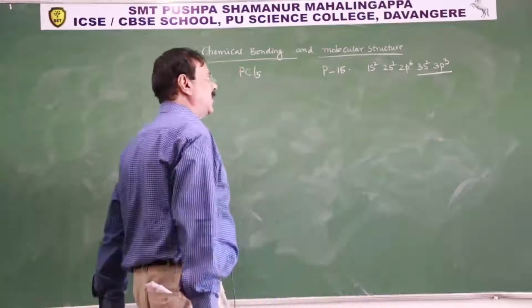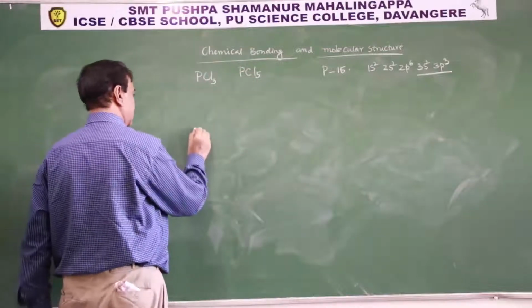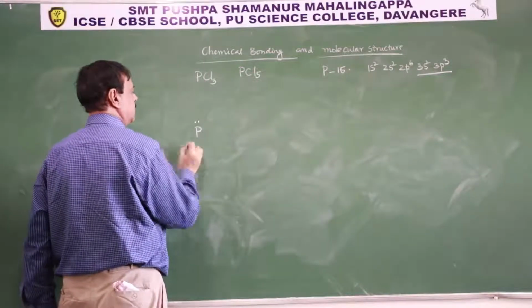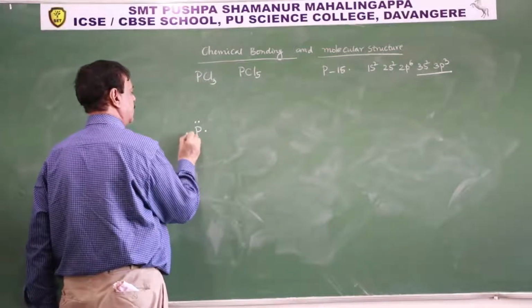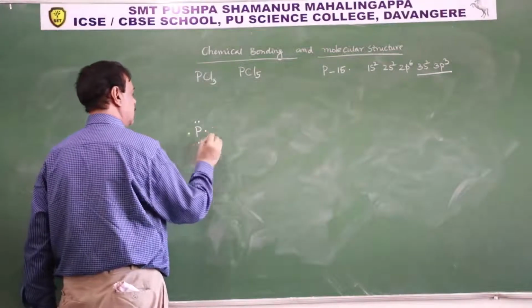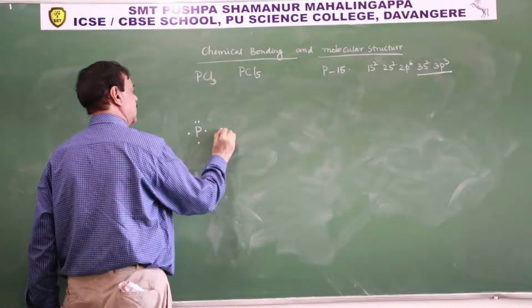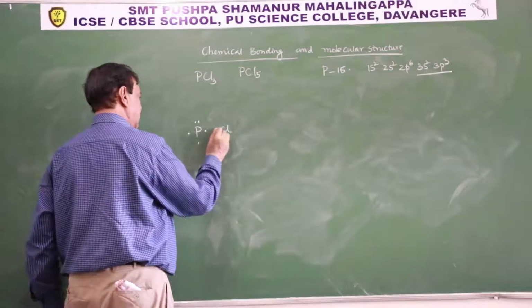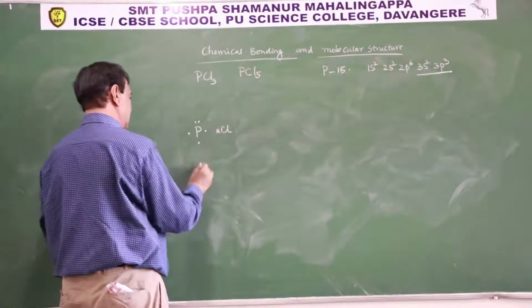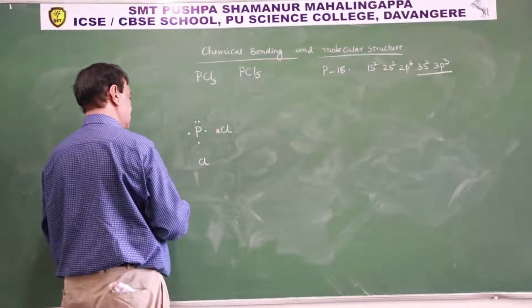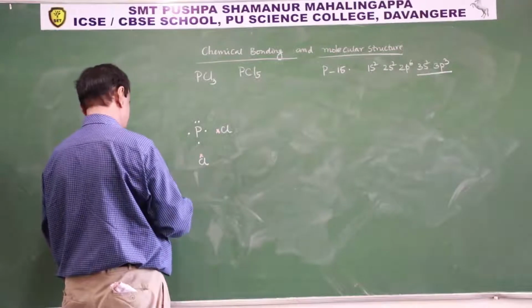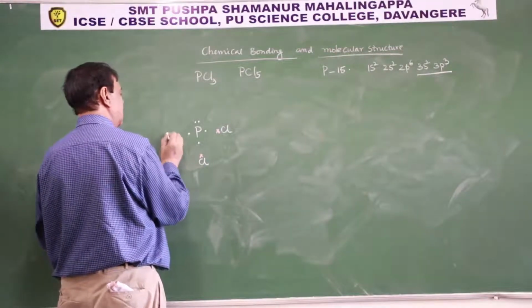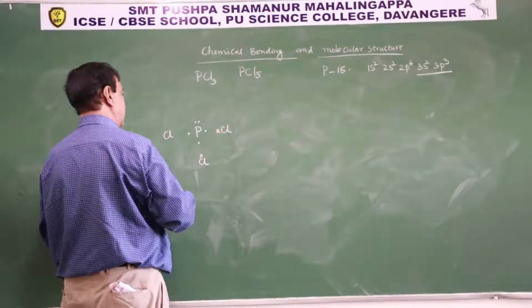The outer shell has 5 electrons. These are combined with Cl, 1 each, for three chlorines.